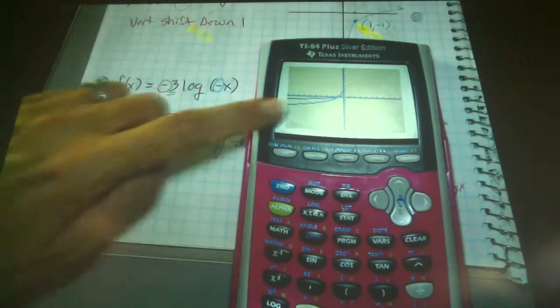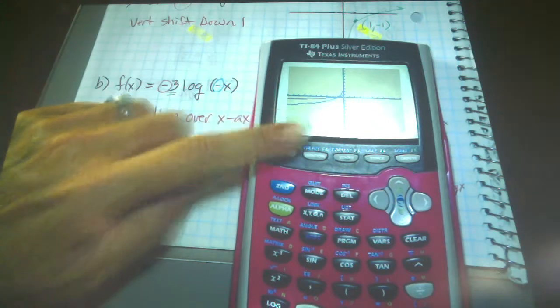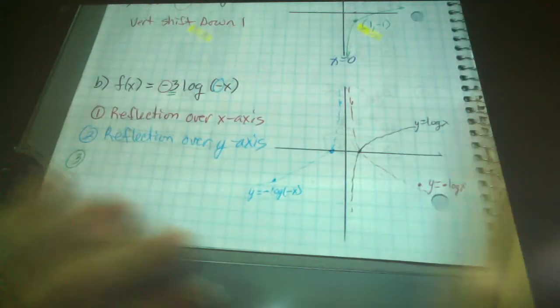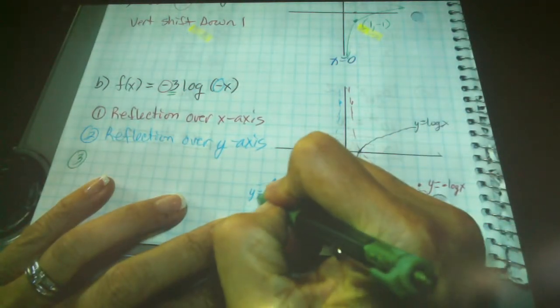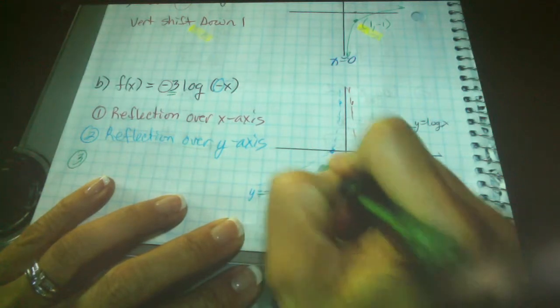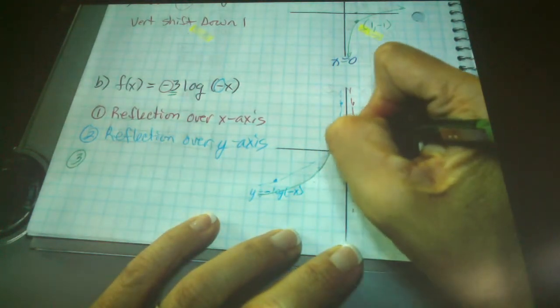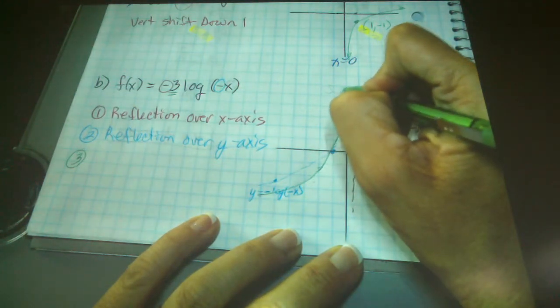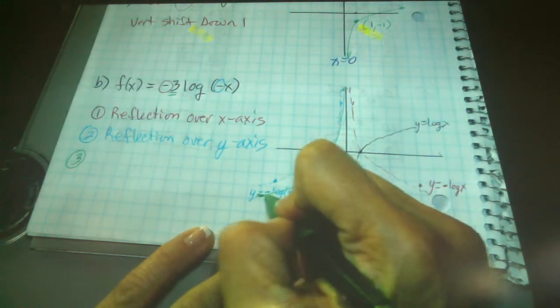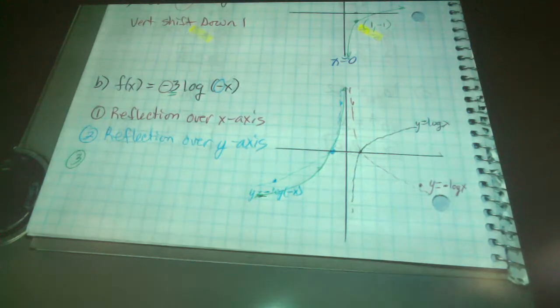Didn't it get closer to the y-axis? It got pulled out. So then you're actually going to go through that same point, and it gets pulled closer to both sides of that y-axis. And so this is your final answer right there.